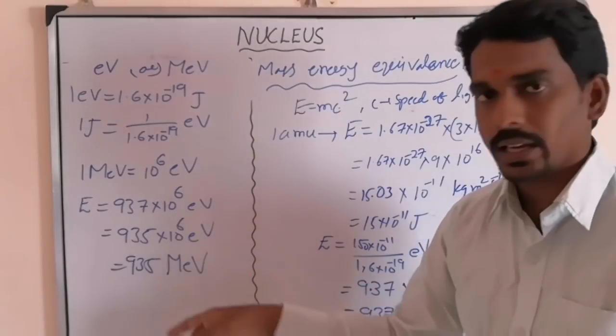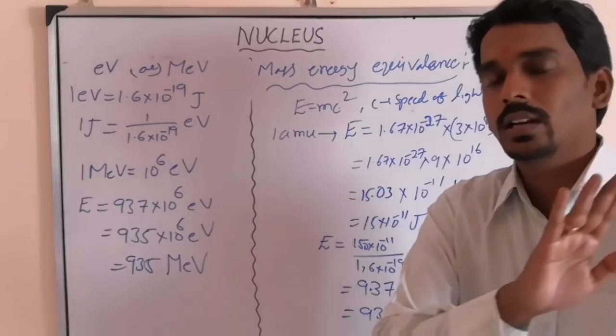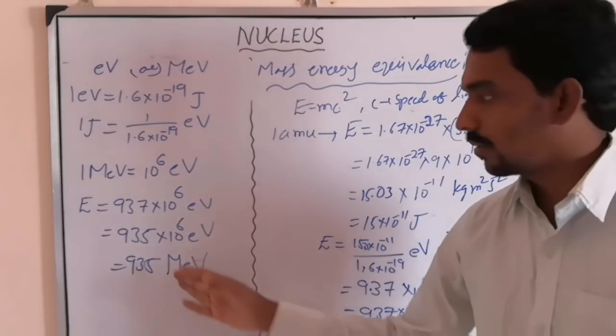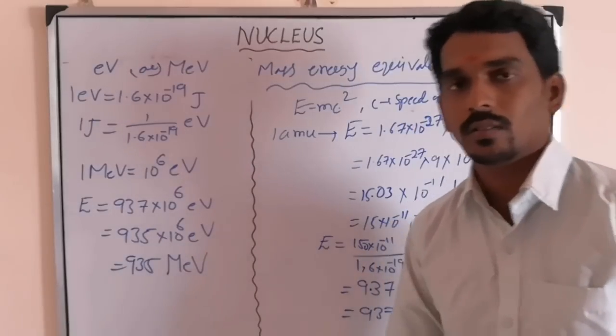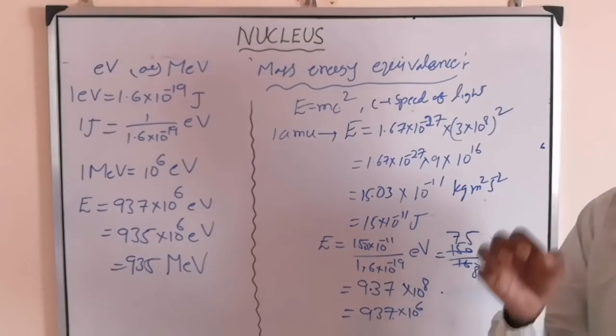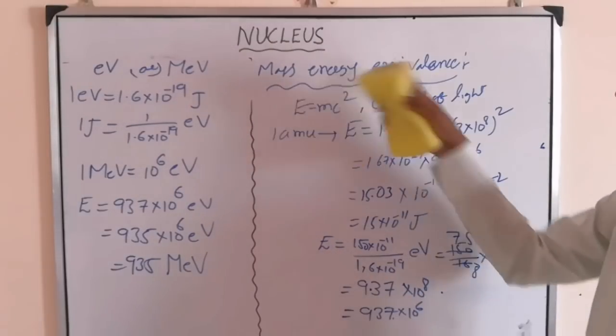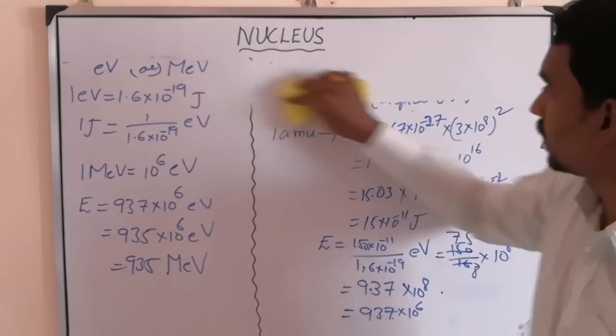If they don't mention it, take 933 or 935 and you will not get anything wrong. But remember any particular value like 935, 937 or 933. So this is the 1 AMU equivalent energy. This is mass-energy equivalence.